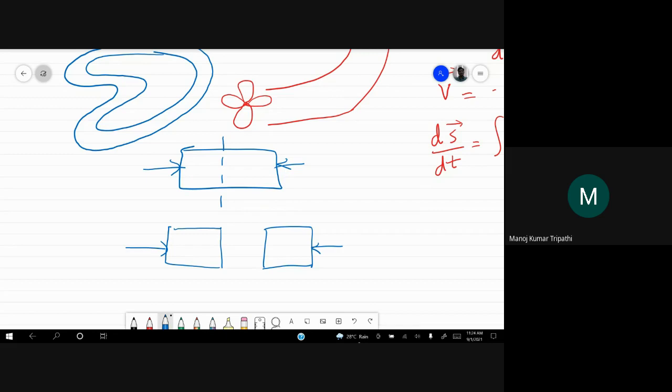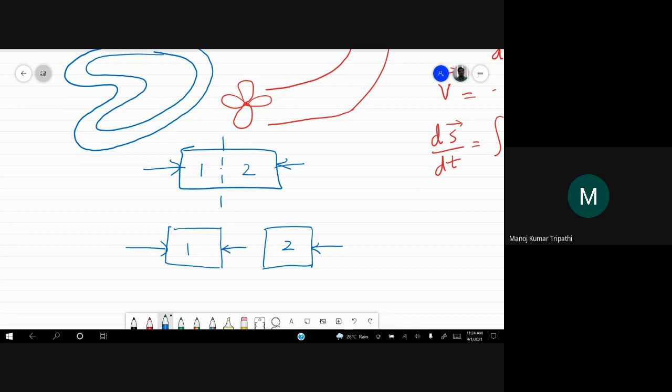So to balance the force on the left hand side, there must be some force that the other block is applying on this first block. Let's say this is the first section, second section. The second section is applying some force on the first section at the cross section that we have taken.